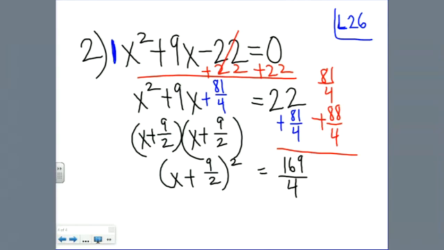Now we're ready to use the square root property. As y'all know, to use the square root property, you need to eliminate the exponent of 2 by taking the square root of both sides. On the left side, the root and the exponent cancel, leaving us with just x plus 9 halves.